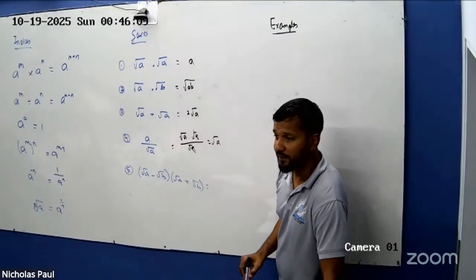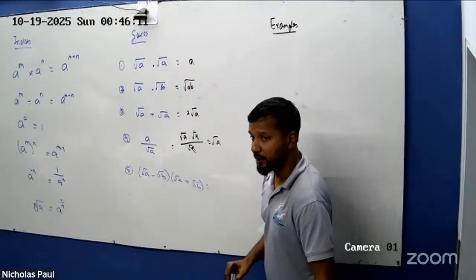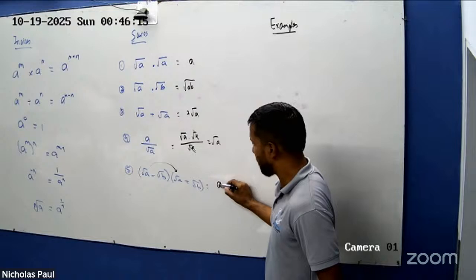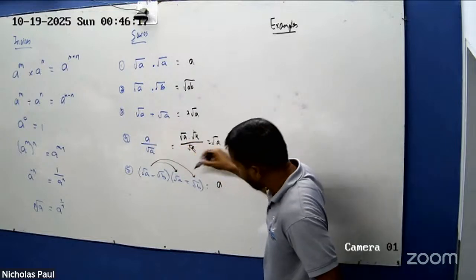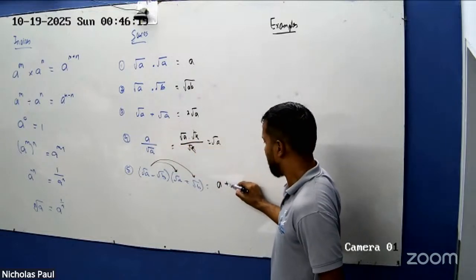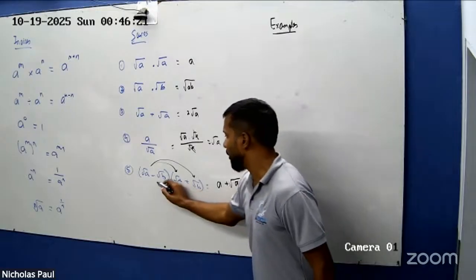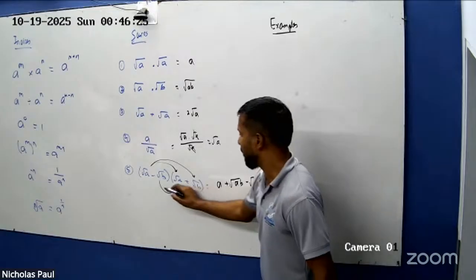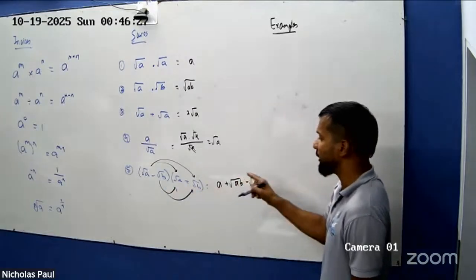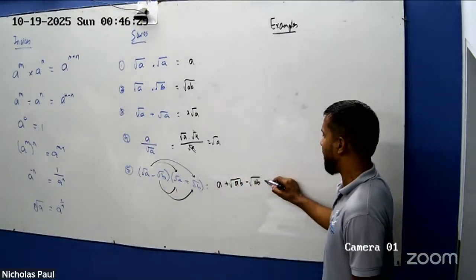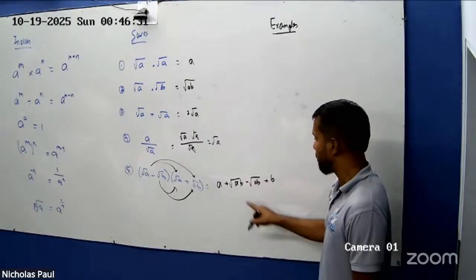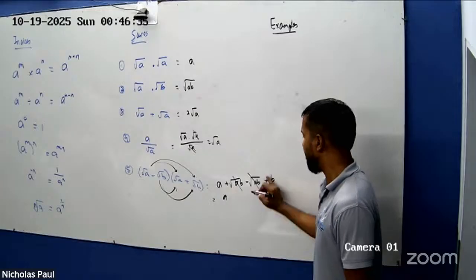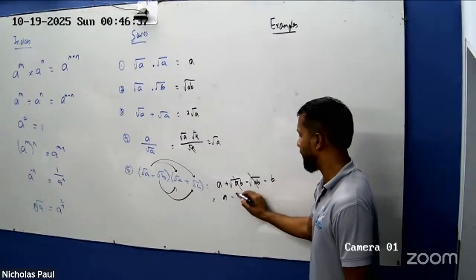How are we doing this? You can do it the long way. You can multiply root A by root A, root A by root B, root B by A, and minus root B by that is plus B. What will happen here? Cancel. So you'll get A minus B.